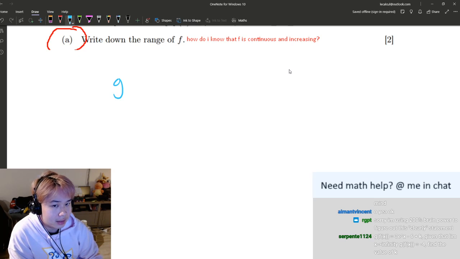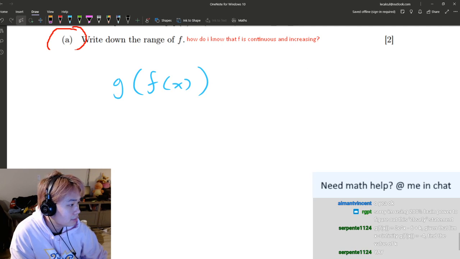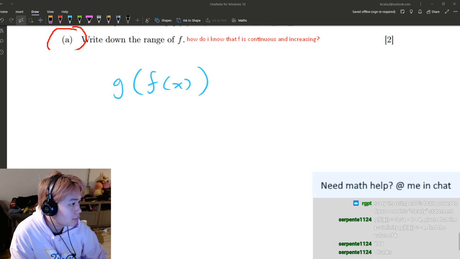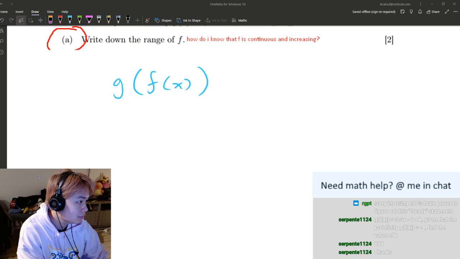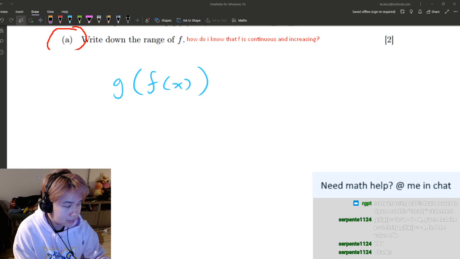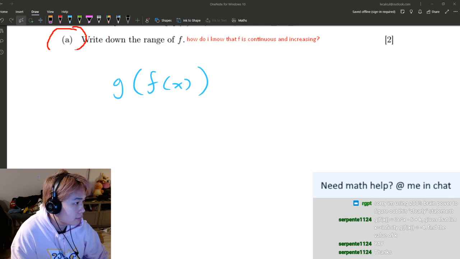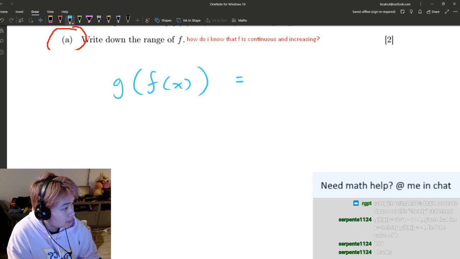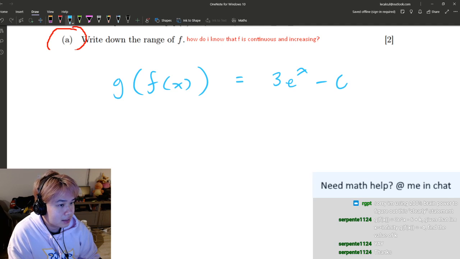So g of f of x is something. Three e to the power of x minus 6 plus k.